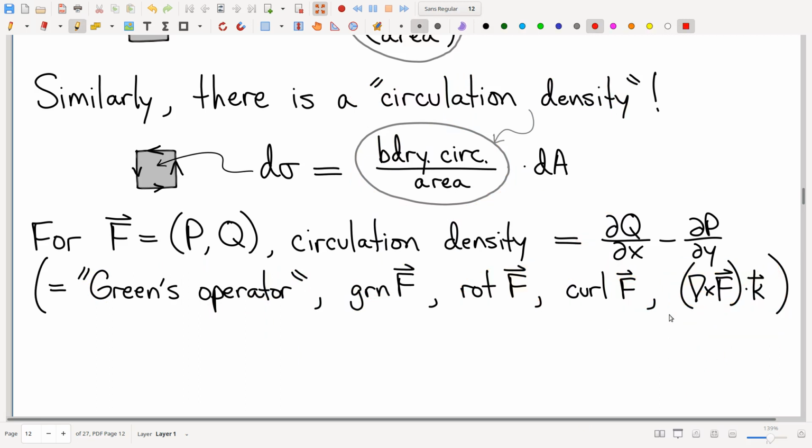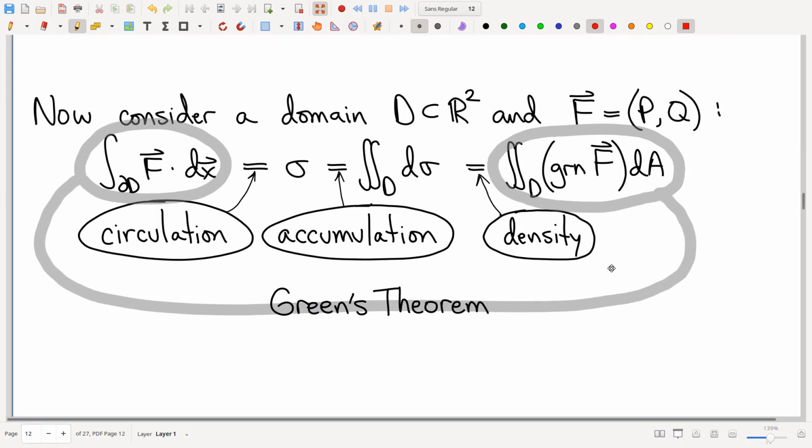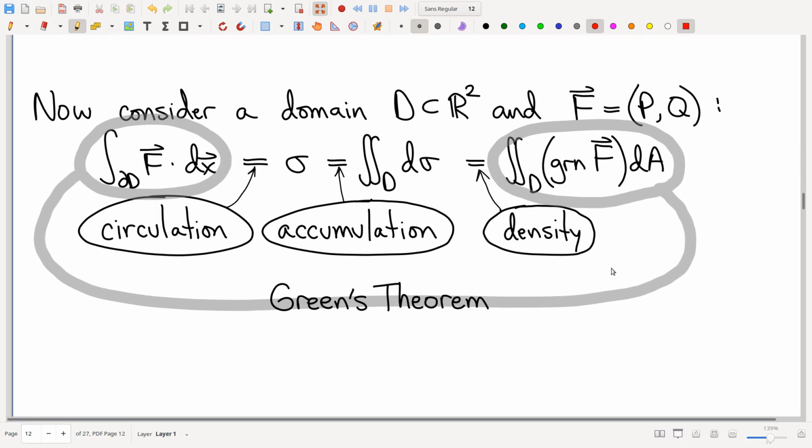we are now ready to motivate, I don't want to say derive, but to give a motivating argument for Green's theorem. And it's just a matter of putting together the ideas that we've already talked about. So the first thing we talked about was this idea of circulation. You start off thinking of circulation as an expression, a formula that you compute.